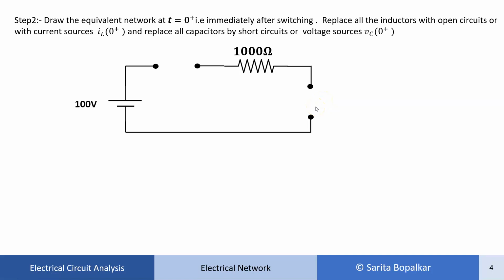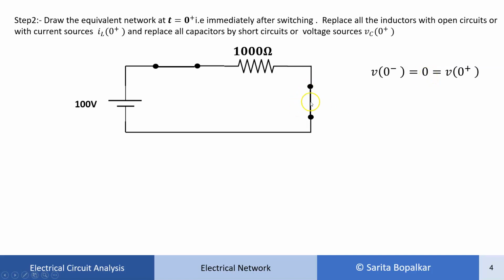Always remember, the inductor and capacitor status at t is equal to 0 minus and t is equal to 0 plus remains the same. That's why, how you have represented the capacitor at t is equal to 0 minus, the same you have to represent at t is equal to 0 plus. Voltage across the capacitor before switching and after switching remains the same. It is 0, it is given.